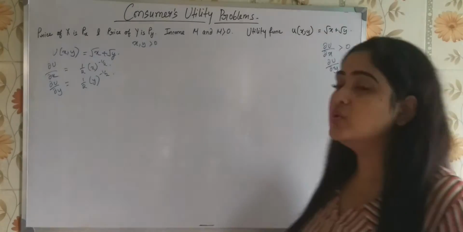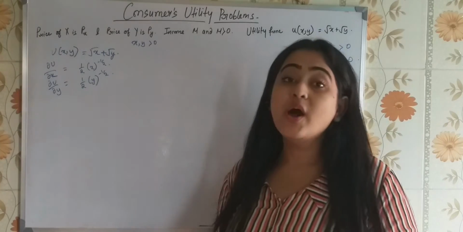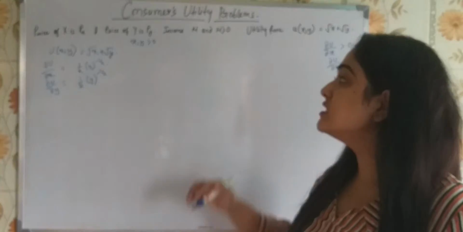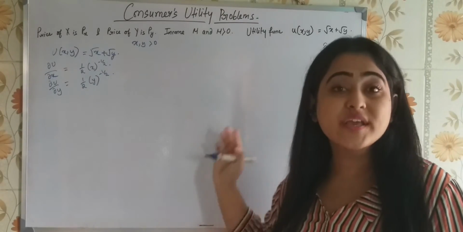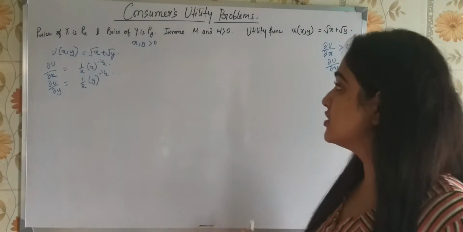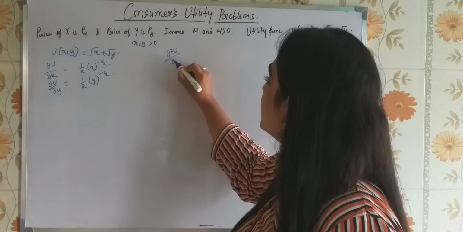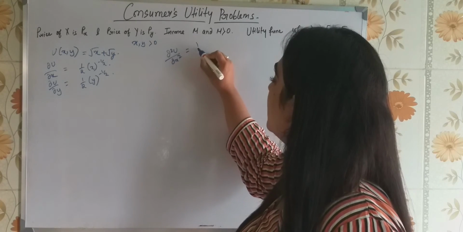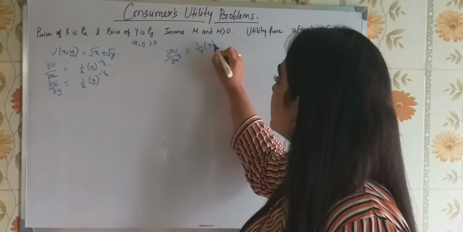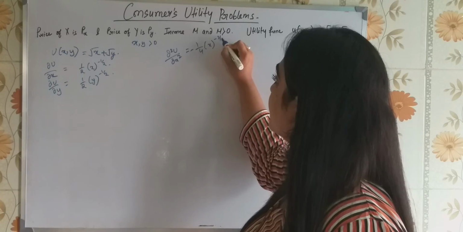Next, what we need to do? We need to find if the function is concave or convex. To analyze that, we are going to take the second order differentiation. What is the second order differentiation? Del 2u by del x2 is going to come to minus 1 by 4 x to the power minus 3 by 2.